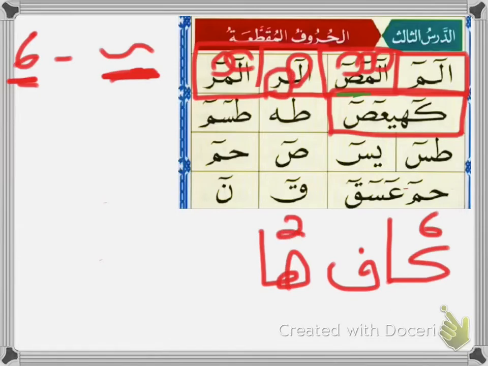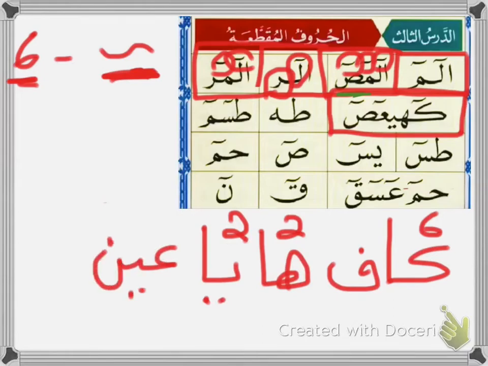Okay, and then we have the Ya. Again, the Ya is 2, and then we have the Ain, which is how much? 6, and then we have the Sod, which is 6.